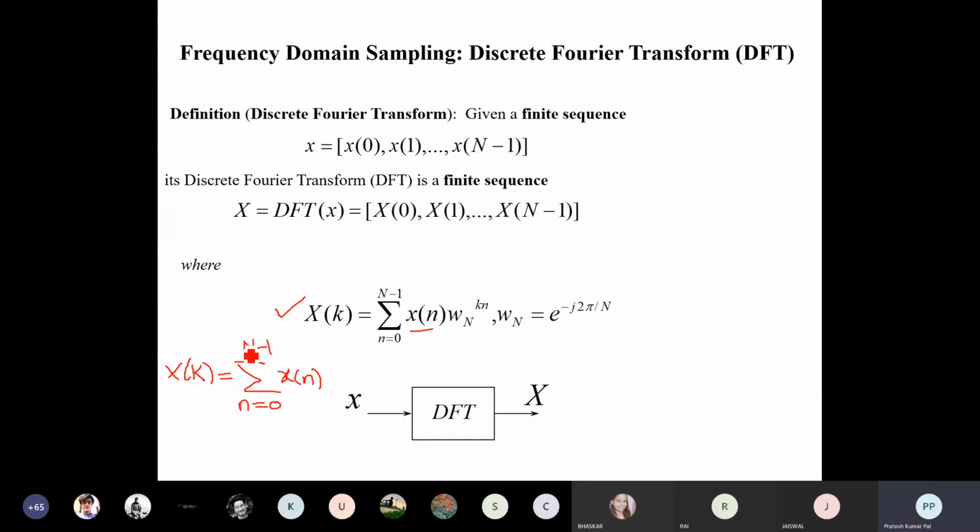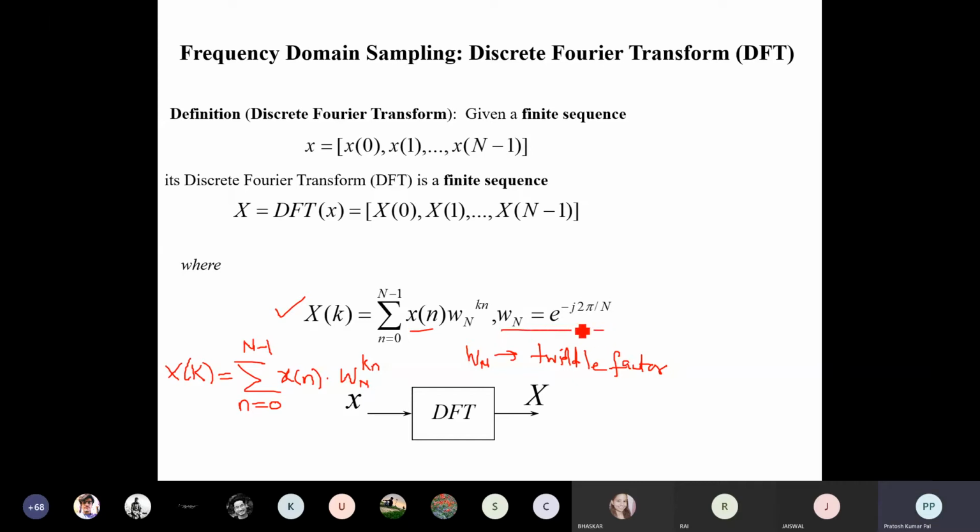Here capital N indicates the number of samples in x of n, into W N to the power kn, where this W N is called the twiddle factor. Okay, and the value of W N will be this one.